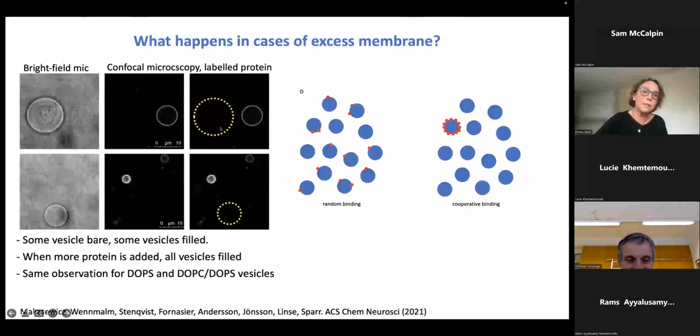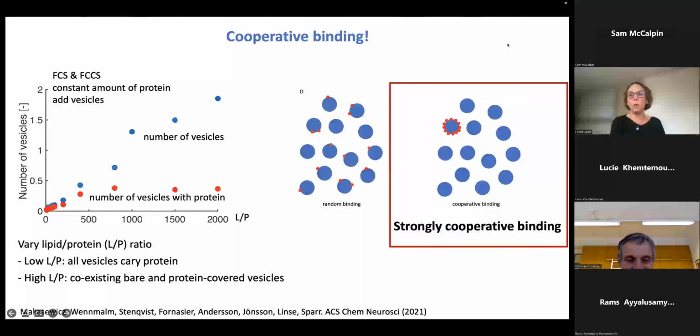And then you see that some vesicles contain protein and some are bare. Adding more protein, more vesicles fill, and eventually all are filled. So the observation is that we have a cooperative binding: the protein goes to the place where there is already protein, in preference to the bare membrane.